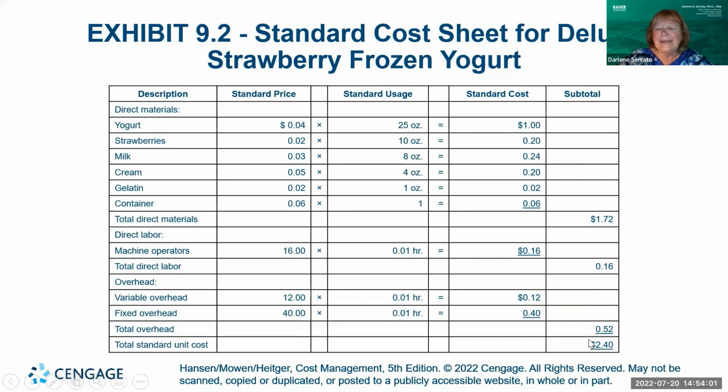So it should cost us $2.40 to make 1 quart of yogurt. I think the container is a quart. Notice these other inputs are in ounces. This doesn't specify, but it is a quart.